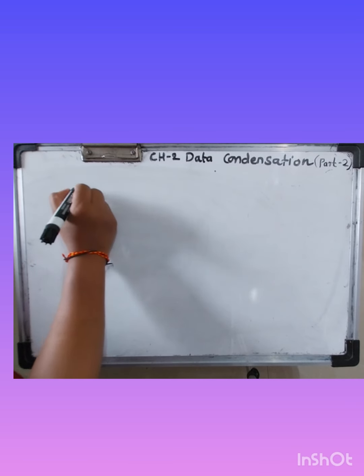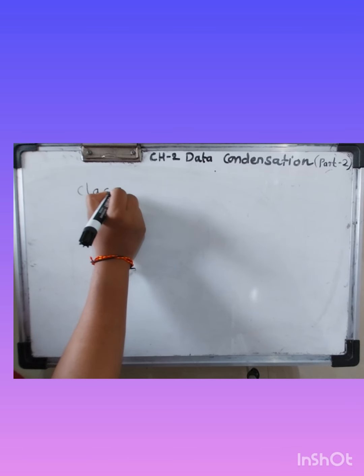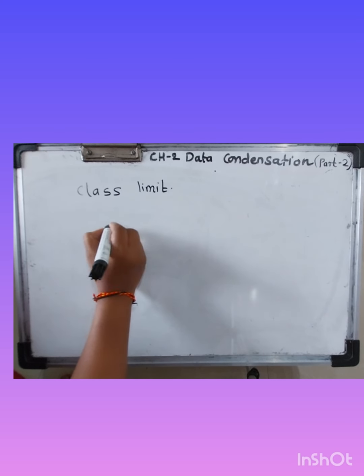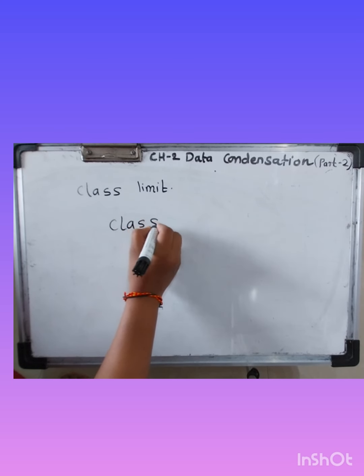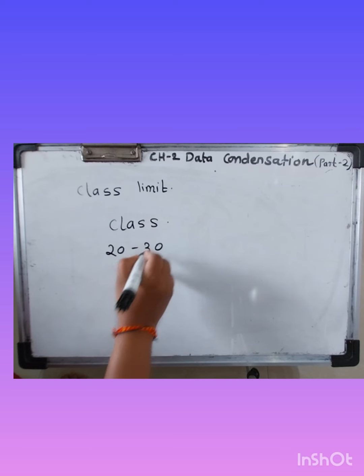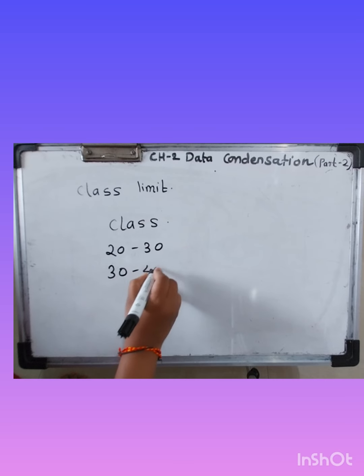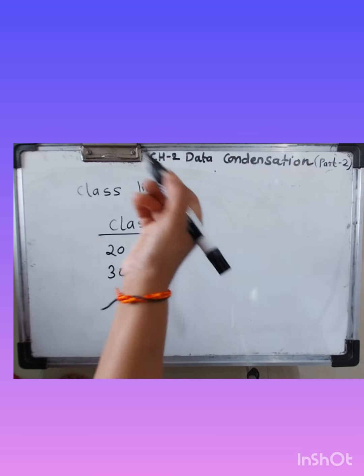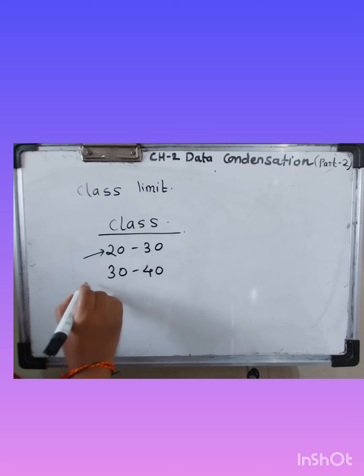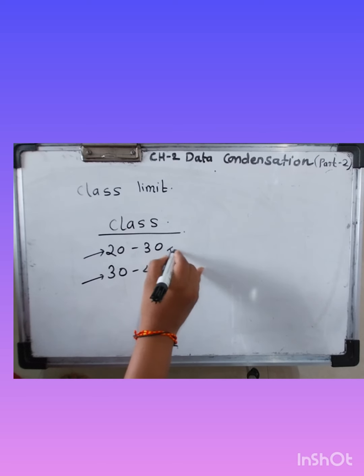Now next is the class limit. Suppose this is my class, 20 to 30, 30 to 40. So what is the definition of class limit? See, this is my lower limit, this is my lower limit, and this is the upper limit.